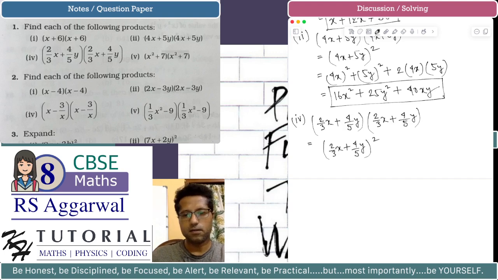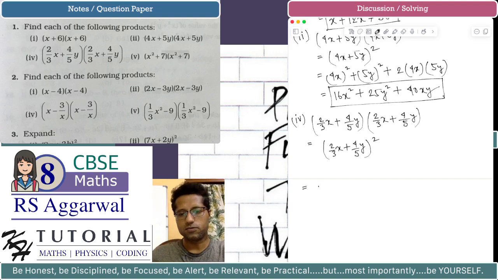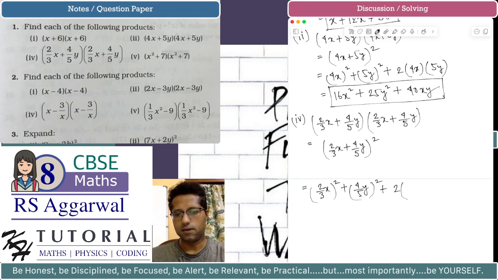Now we apply the formula of a plus b whole square. So a square is 2 by 3 x whole square plus b square is 4 by 5 y whole square plus twice ab, where a is 2 by 3x and b is 4 by 5y.